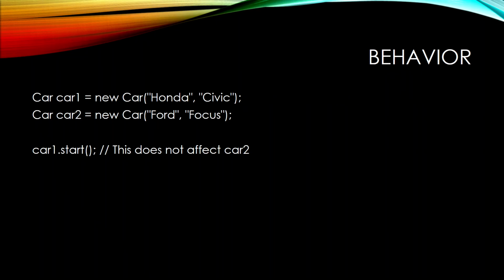State and behavior. Objects encapsulate both state, or attributes, and behavior, or methods. This bundling of data and functionality in a single unit is a fundamental principle of OOP called encapsulation. Independence. Each object is independent and has its own set of attribute values. Changes to one object do not affect other objects of the same class.